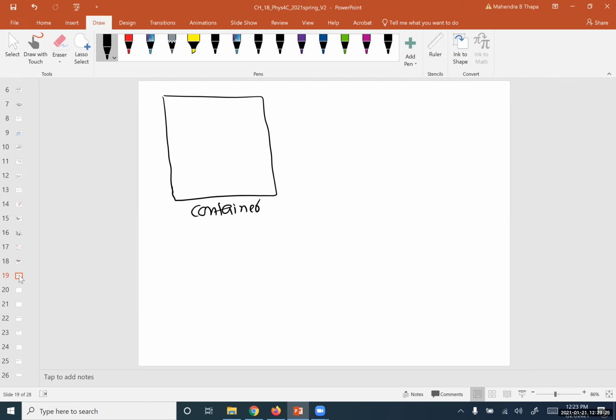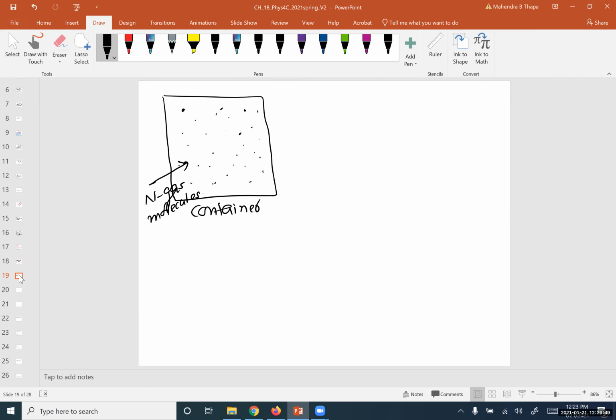So there may be a lot of molecules over here in the container. These are the gas molecules. So we assume that there are n gas molecules. It could be 100, it could be thousands, or it could be millions.